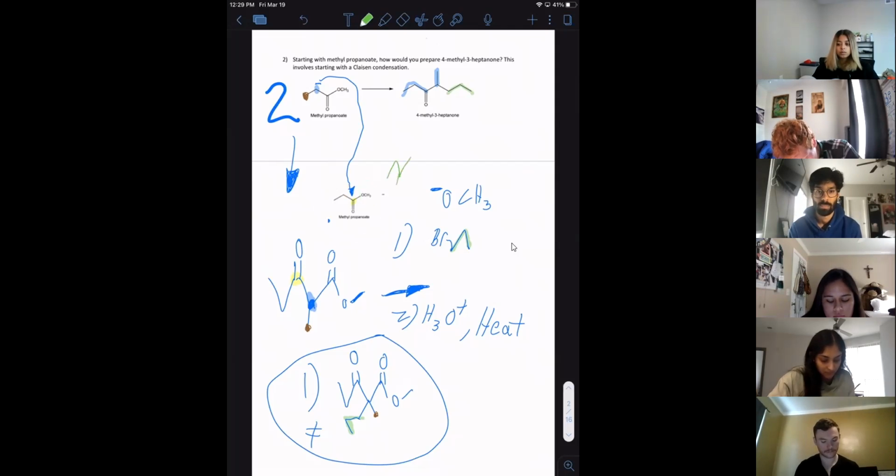So when that attacks, it'll look like this. And when that guy is coming in, first of all, these electrons are going to come up here, and then you'll get a formation of something right here. This guy is going to be like that.